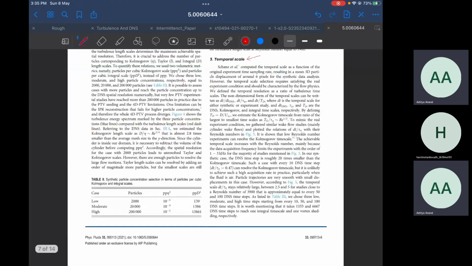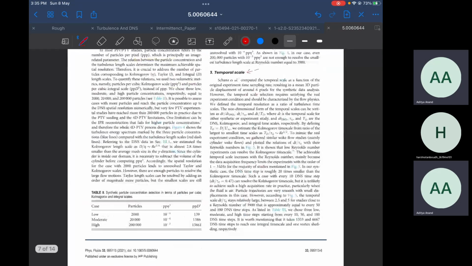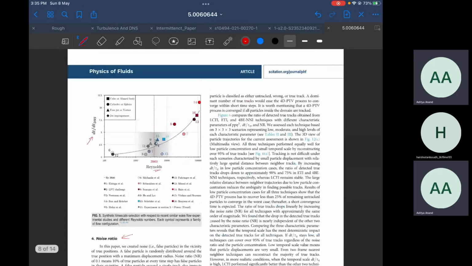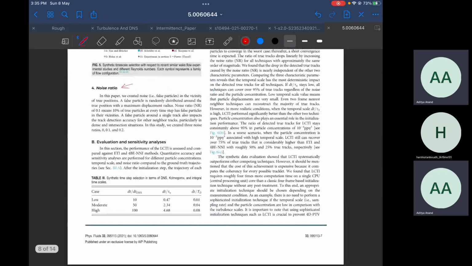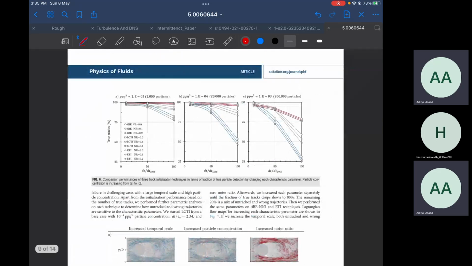They also had another plot here. Okay, they had another part, but it's not here now. Okay, yeah, this one.